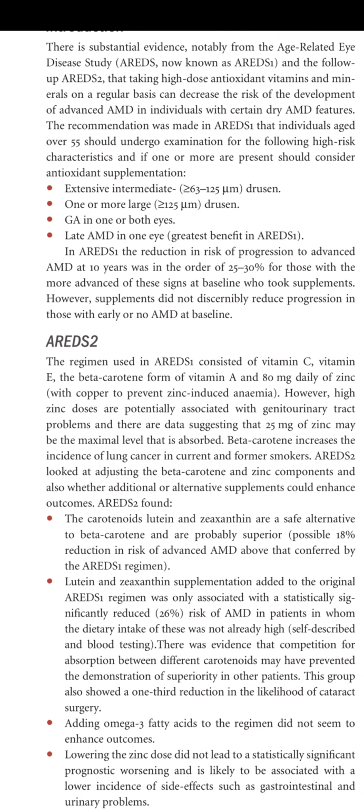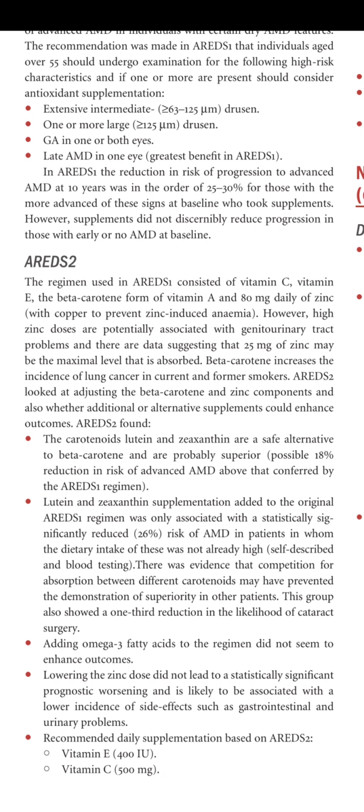The regimen used in AREDS 1 consisted of vitamin C, vitamin E, beta carotene, the form of vitamin A, and 80 milligrams daily of zinc with copper to prevent zinc-induced anemia.